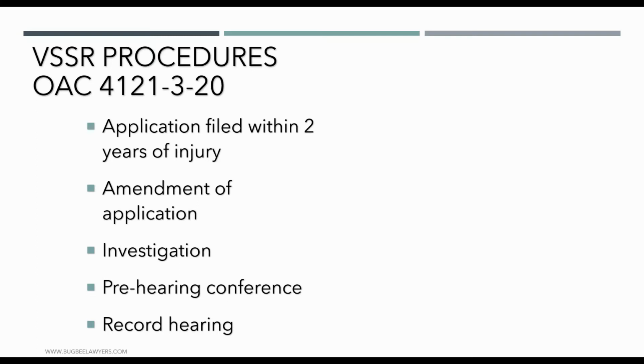I always request a record hearing on behalf of the employer for the simple reason that without it, you're pretty much stuck with what's been filed with the investigator, the investigation report, and any other documents that the parties want to file with the commission before the hearing. So you're not allowed to submit new or additional evidence at the hearing unless you request a record hearing. And that record hearing has to be requested before the pre-hearing conference.